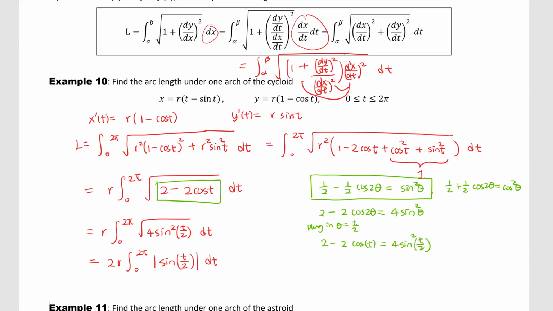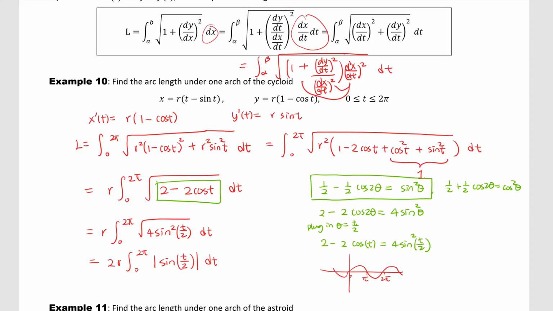So now what happened? We need to restrict the angle. Because it's an absolute value, let's draw the picture of sine. We know the picture for sine is like this, and this is 0, this is pi, this is 2 pi. And how about t over 2? When t equals 2 pi, t over 2 is pi.